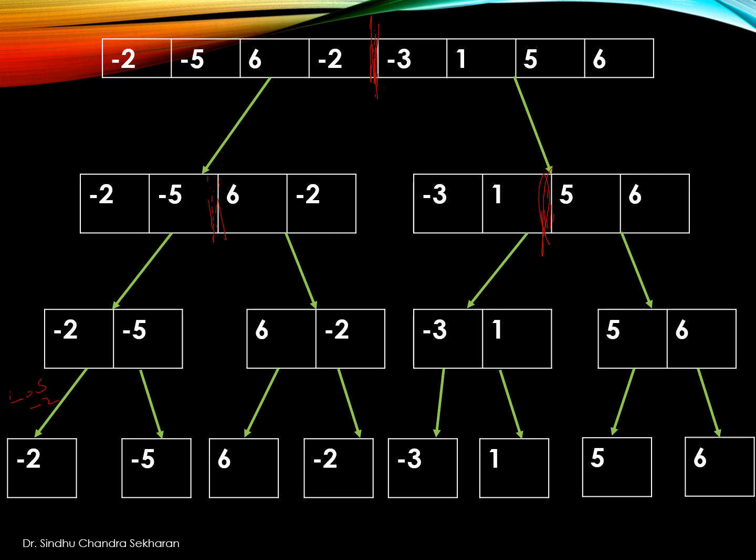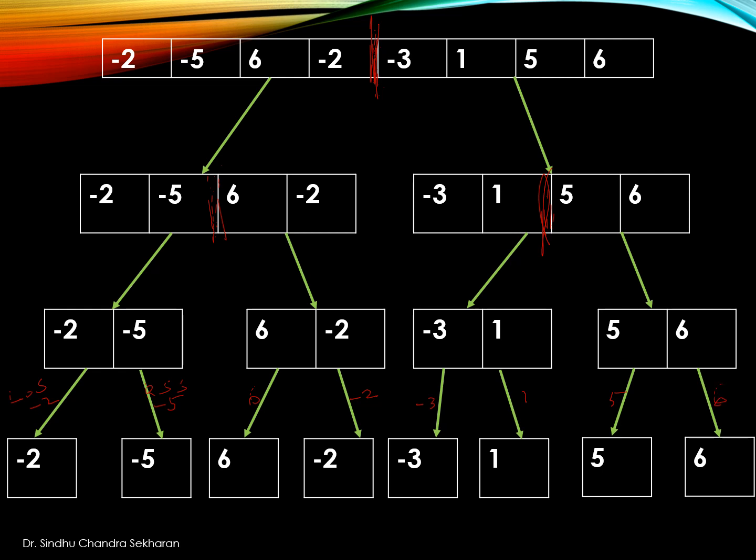My right subarray sum for this array is -5. So it is called RSS, right subarray sum. Similarly, here the left subarray sum is 6, right subarray sum is -2. Here the left subarray sum is -3, the right subarray sum is 1. Here the left subarray sum is 5 and the right subarray sum is 6.